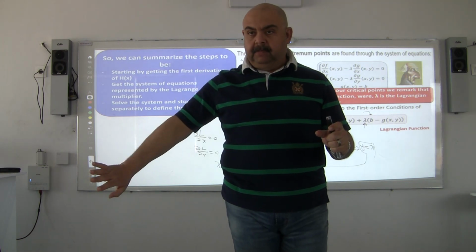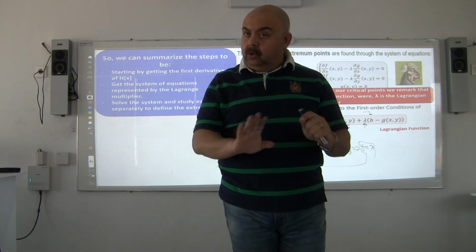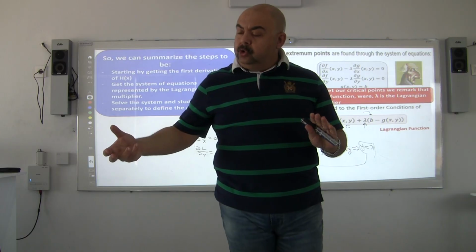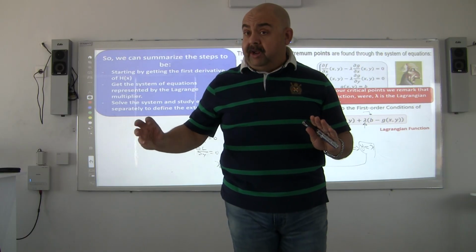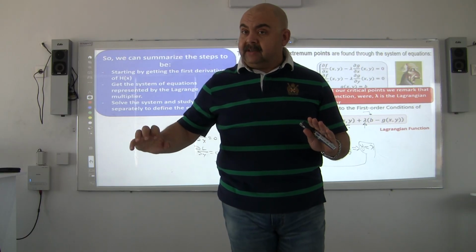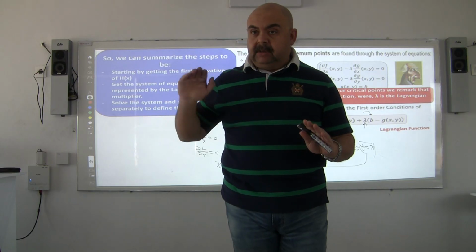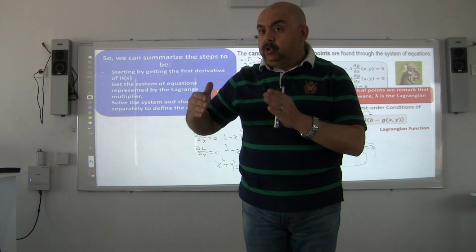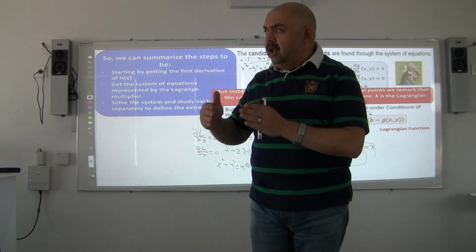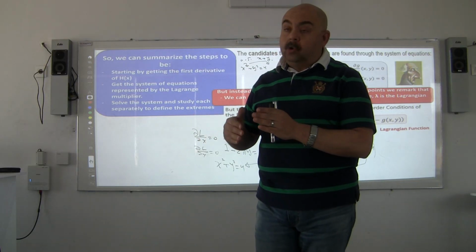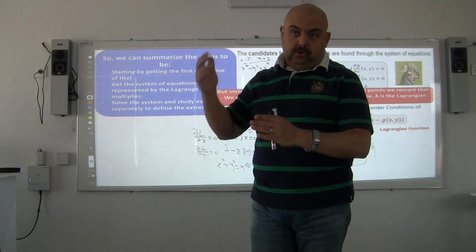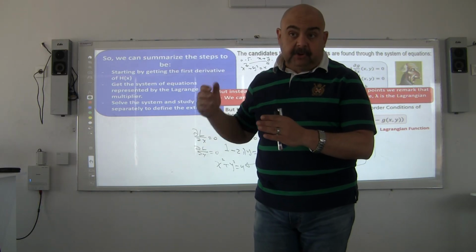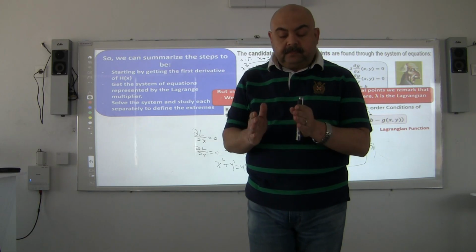This is method number one. Method number two is using the constraint to get y as a function in x, and substituting in the objective function. Then you will treat your problem as an unconstrained problem, as we used to do in the previous part of this session.